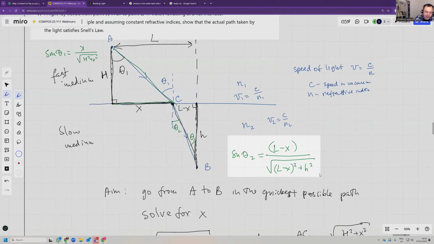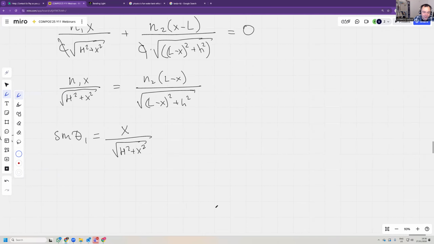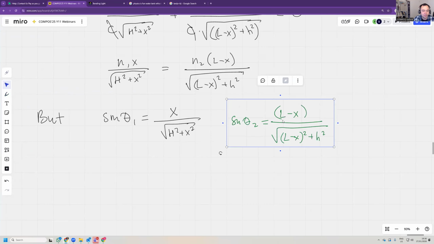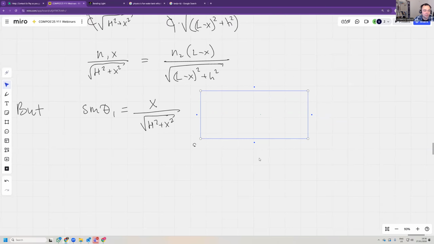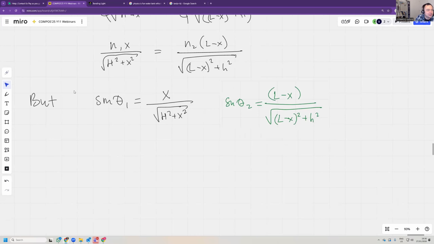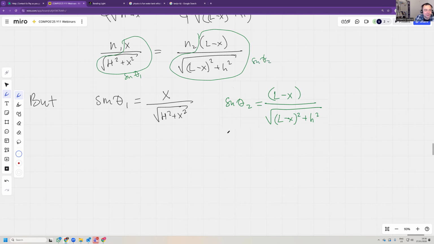And if I take that and put it here, you can see that here is sine theta 1, and this is sine theta 2.